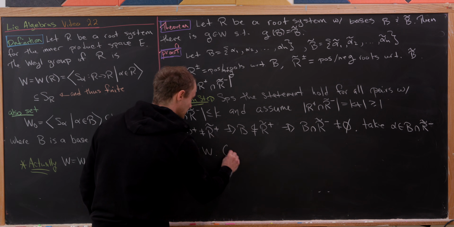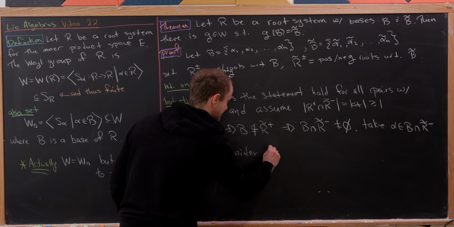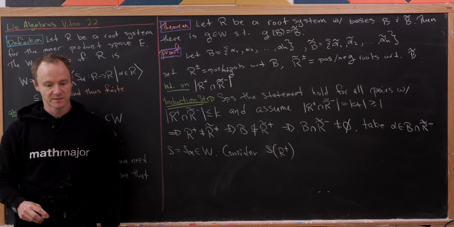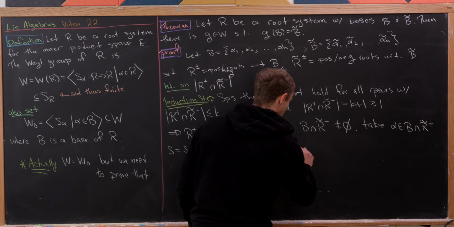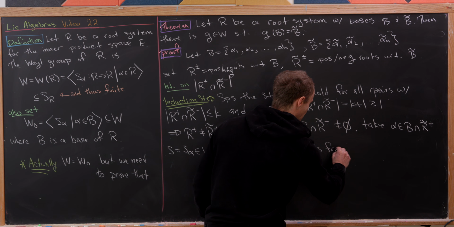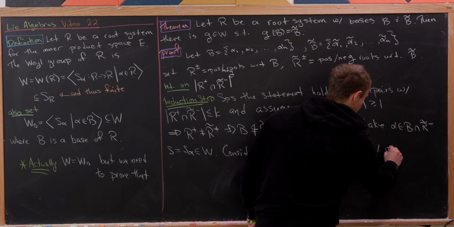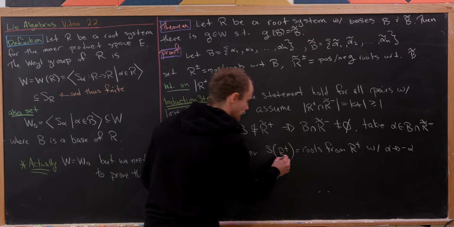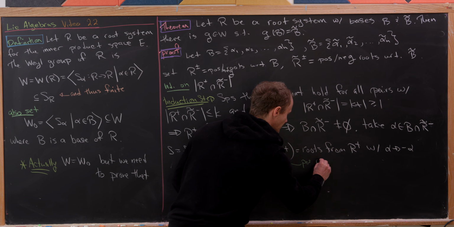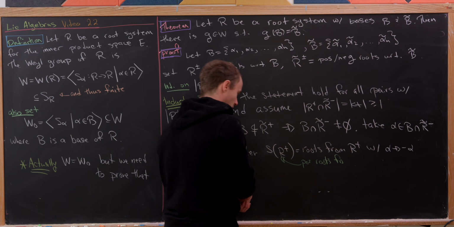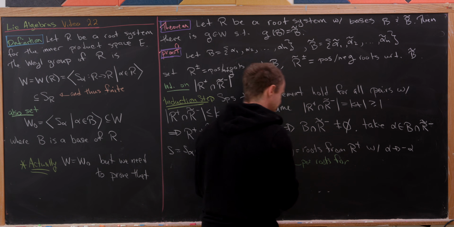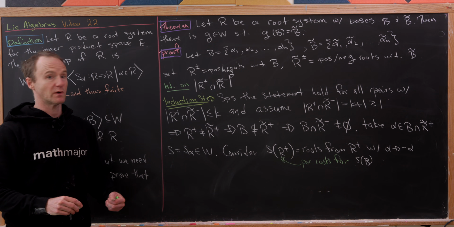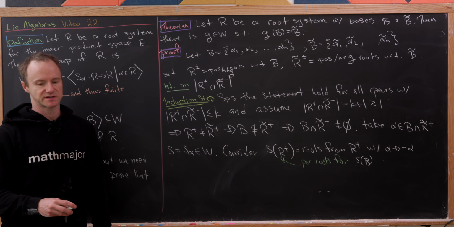Okay, so now let's consider the following set. And this is going to be S applied to R plus. But notice that those are going to be equal to the roots from R plus with alpha being sent to minus alpha. Let's also observe that these are going to be positive roots for this kind of strange set S applied to B. So that's going to be another basis for this root system.